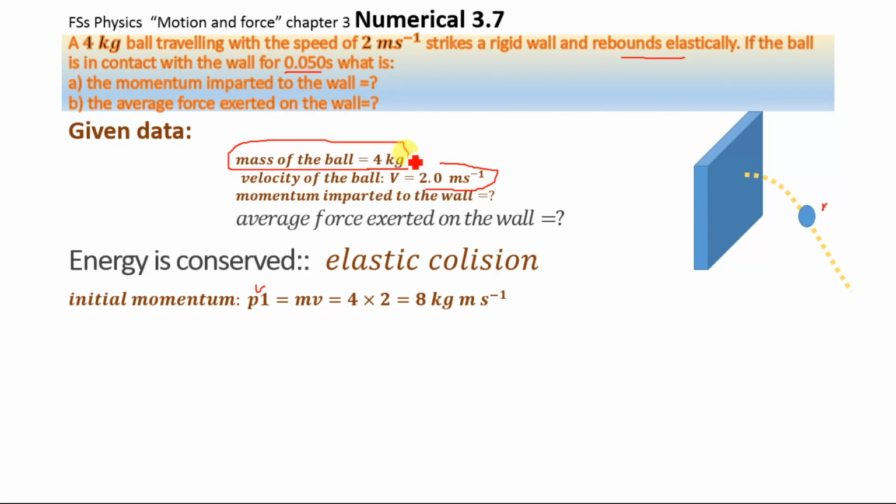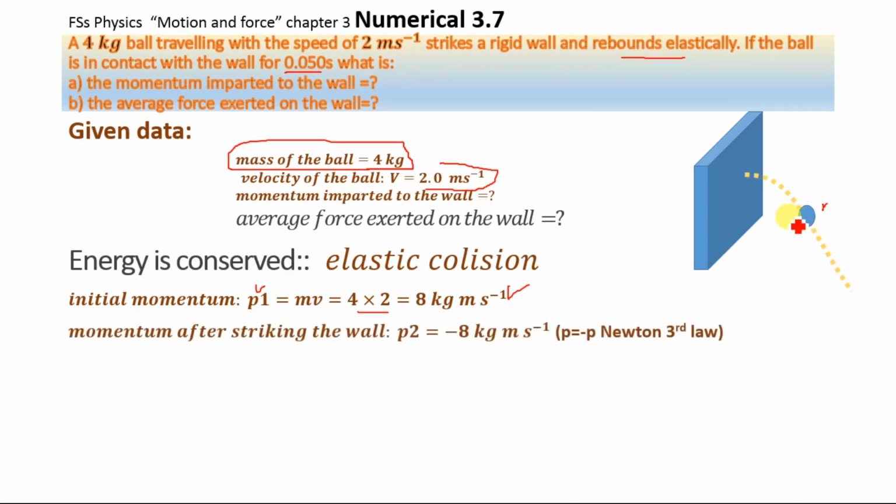Mass of the ball is given as 4 kilogram and velocity of the ball is 2.0 meter per second. So multiplying 4 with 2, we will have 8 kilogram meter per second, and this is the initial momentum of the ball. After rebounding from this wall, the momentum will be equal to minus 8 kilogram meter per second.